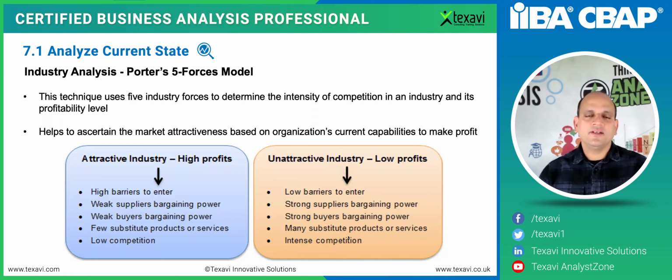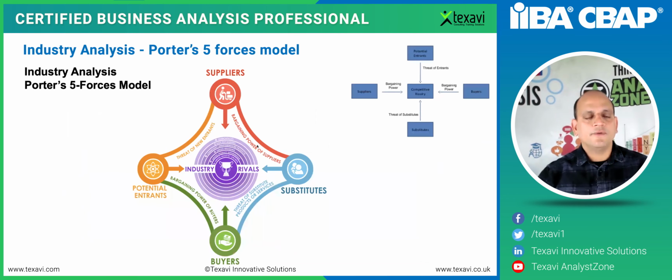The competition is so intense that at the click of a button, you're out, and they have got a better option than you. So again, that shows that industry is not much attractive for you. So very, very useful. This is something that I put together to explain this in a better way. You've got suppliers, there are different dimensions or angles to the suppliers, potential entrants, buyers, and substitutes, as if not your company, somebody else, if not your product, some other product.